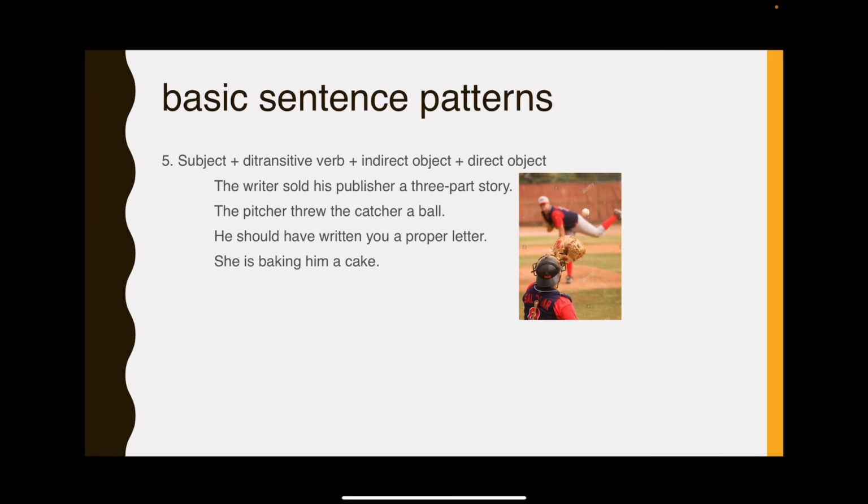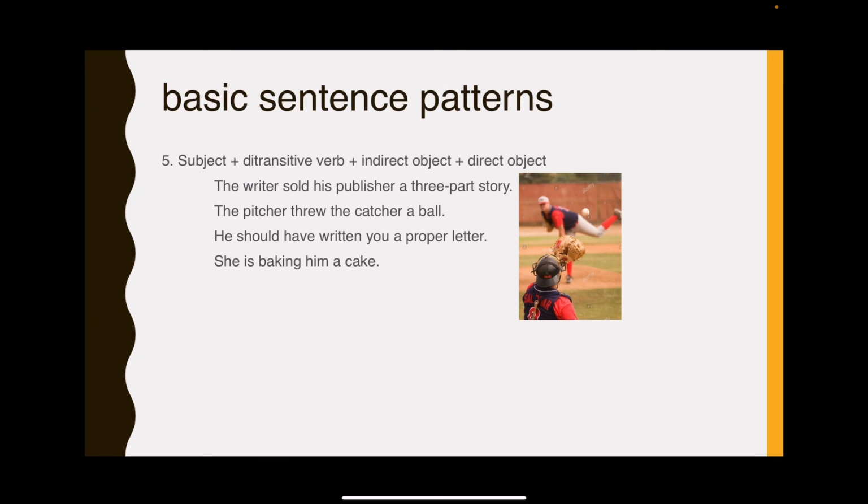Okay, and we cannot say things like "to be" or "known as" or stuff like that. It's different from number 4. And next one, the pitcher threw the catcher a ball: the pitcher is the subject, threw is the ditransitive verb, the catcher is the indirect object, and a ball is the direct object.